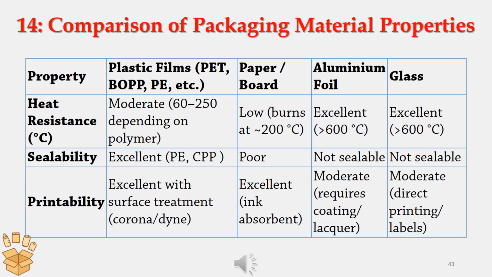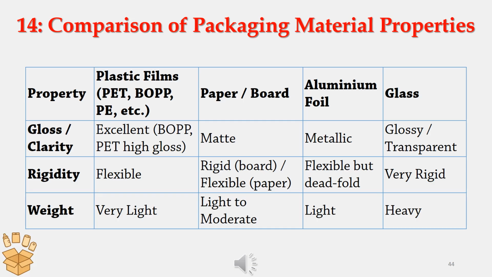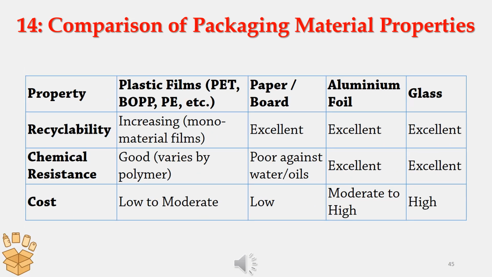The chart shows comparison of heat resistance, sealability, and printability. The chart shows comparison of gloss or clarity, rigidity, and weight. The chart shows comparison of recyclability, chemical resistance, and cost.